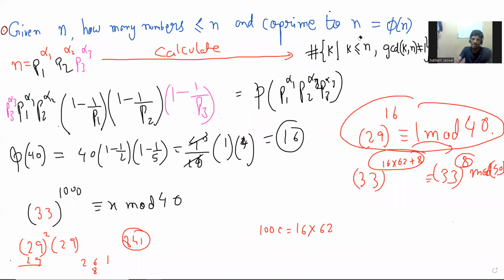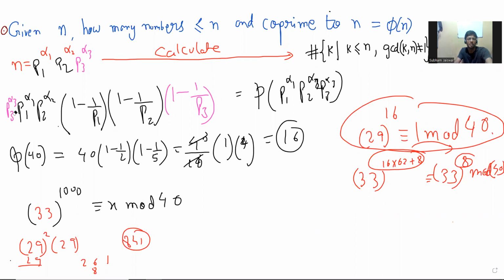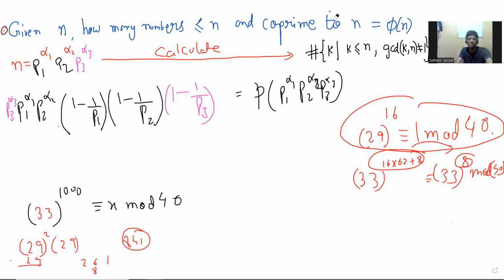You can understand even more cleanly, or maybe I shouldn't erase this. This part is there, I can erase other things. This formula is certainly there, but to use it, what I'm trying to say is that whenever you are given that a to the power b is 1 mod n, and you want to calculate a to the power c, you can rather just calculate a to the power r mod n, where c is congruent to r mod b.